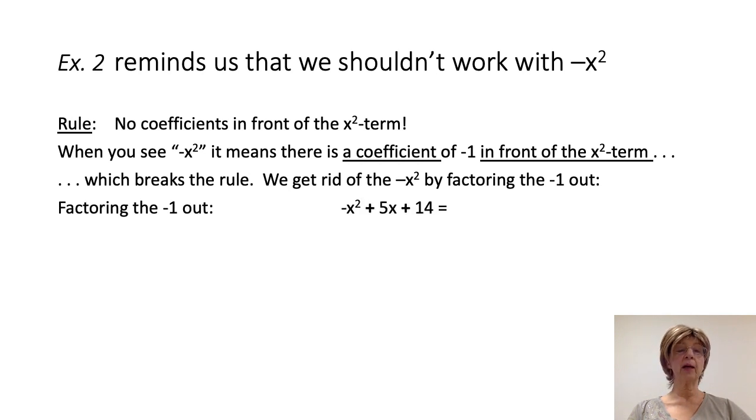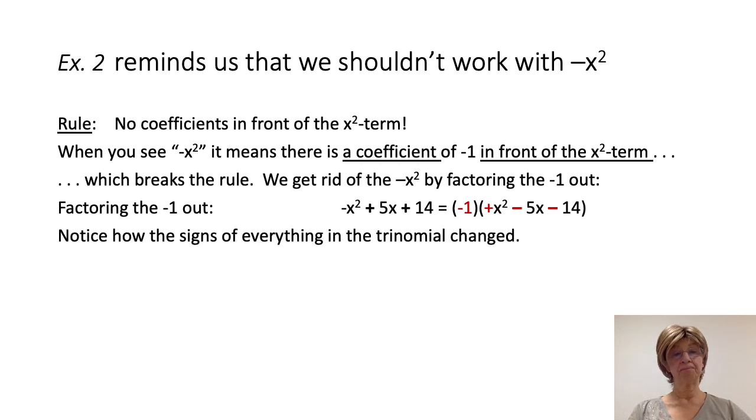Factoring the -1 out, we start with -x squared plus 5x plus 14, and when we factor the -1 out, we get -1 times, in parentheses, x squared minus 5x minus 14. Notice how the signs of everything in the trinomial changed.